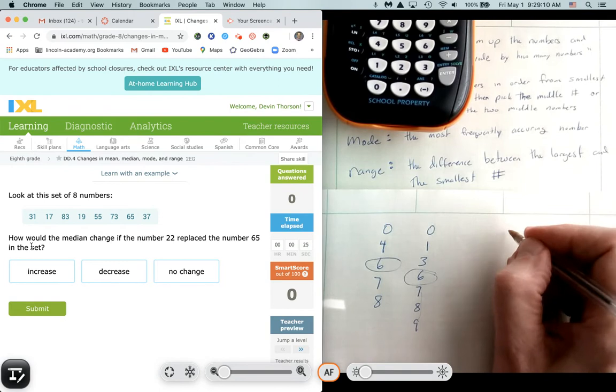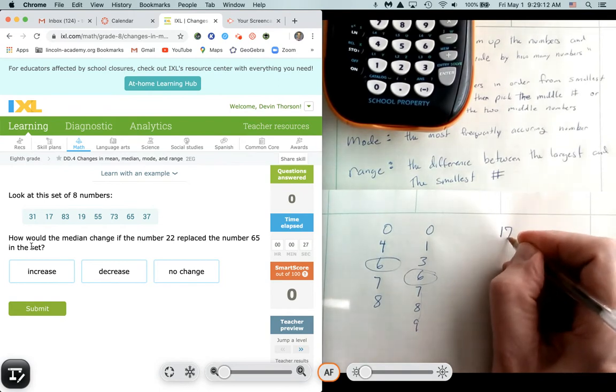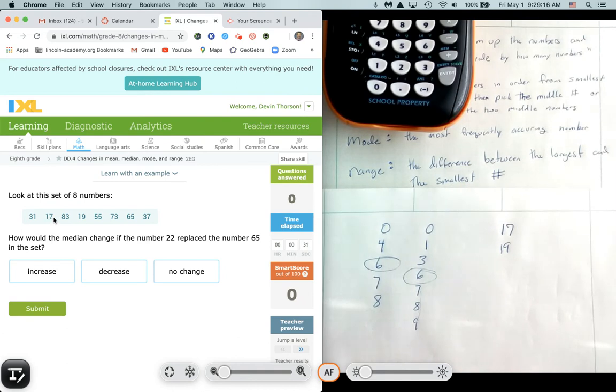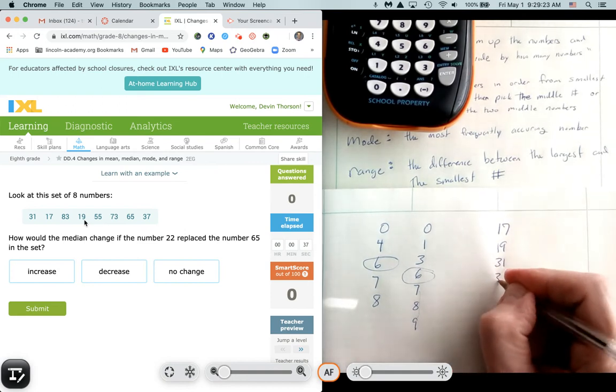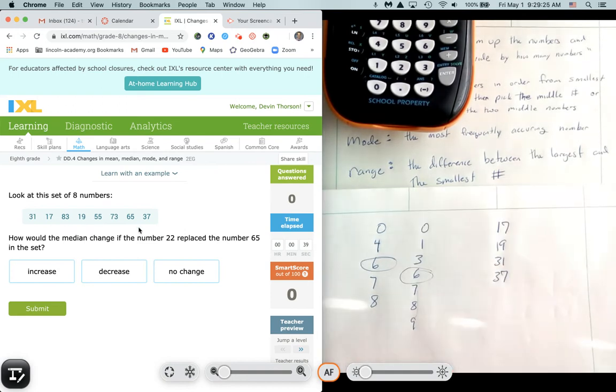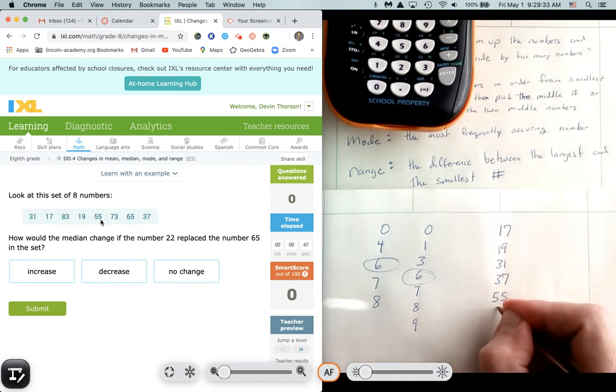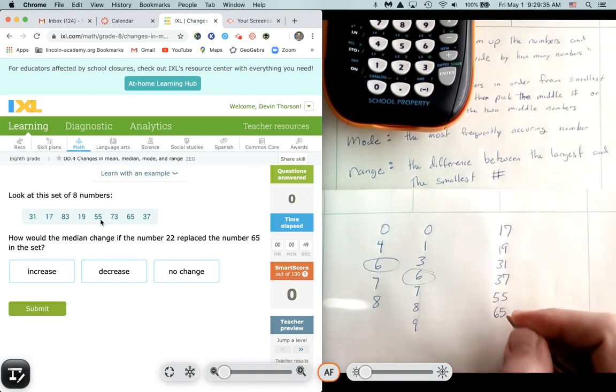The smallest one is 17. Then I see a 19. So I've done the 17, the 19. The next one is 31, and then 37. And then I have a 55, and then a 65, and then that last 83.